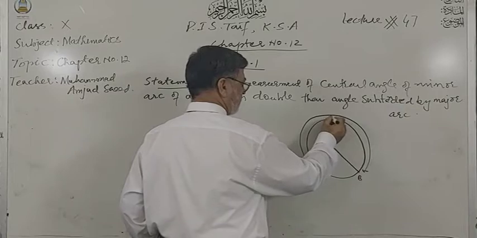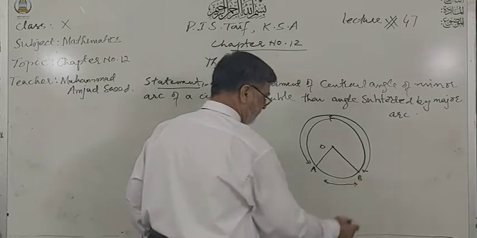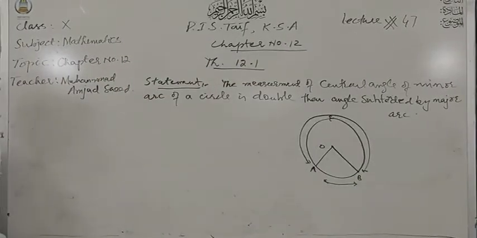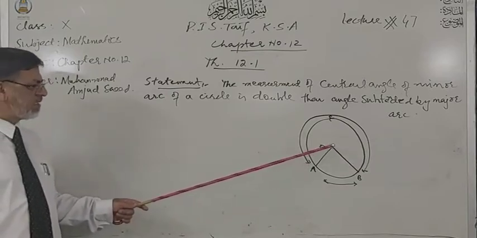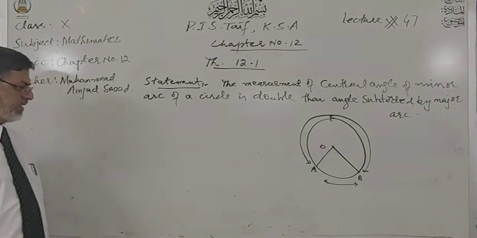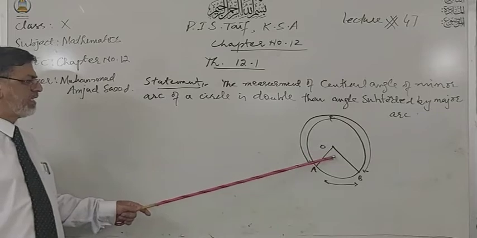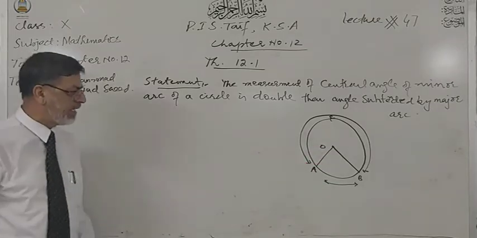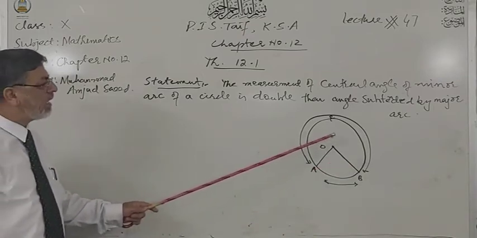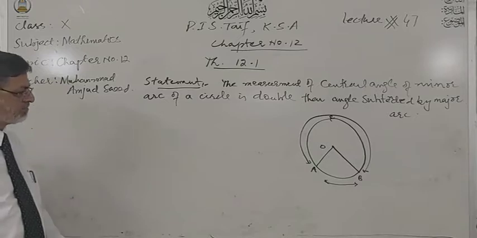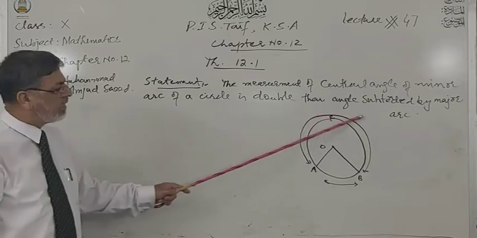Suppose this is C. A minor arc is the arc subtended at the center making an angle less than 180 degrees, or you can say a minor arc is less than half of the semicircle. So AB is the minor arc and ACB is the major arc.